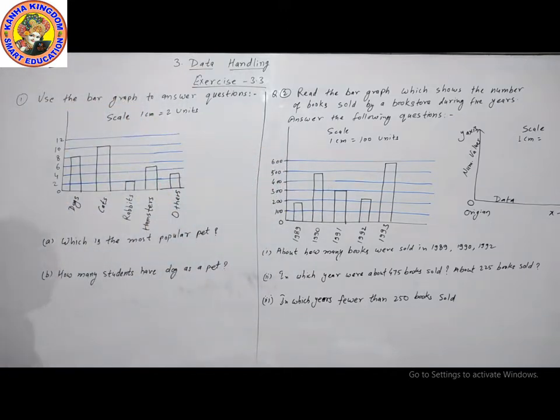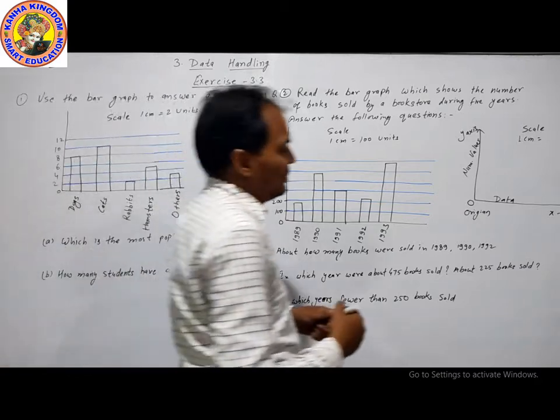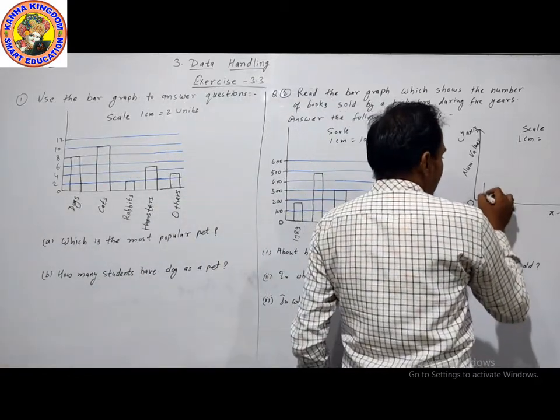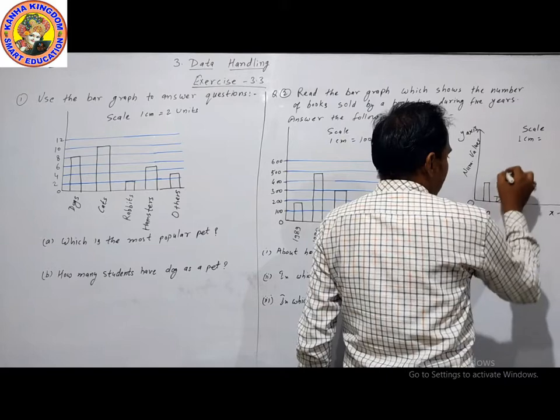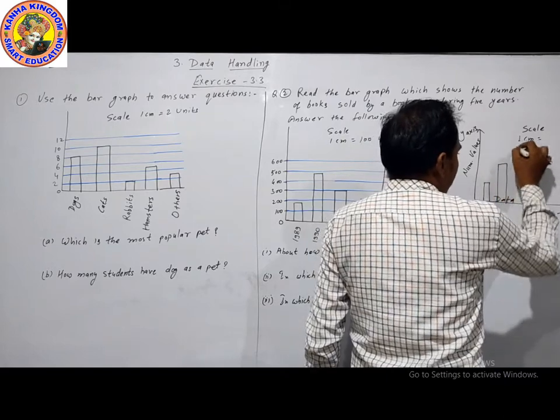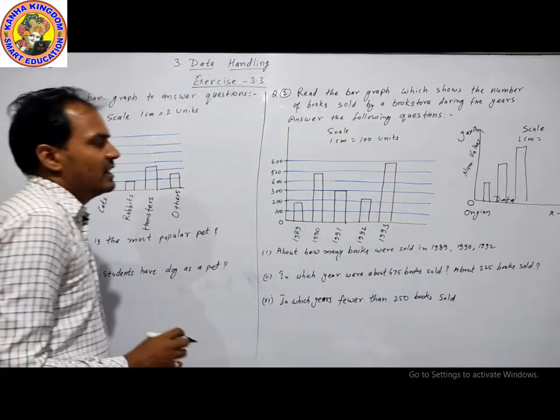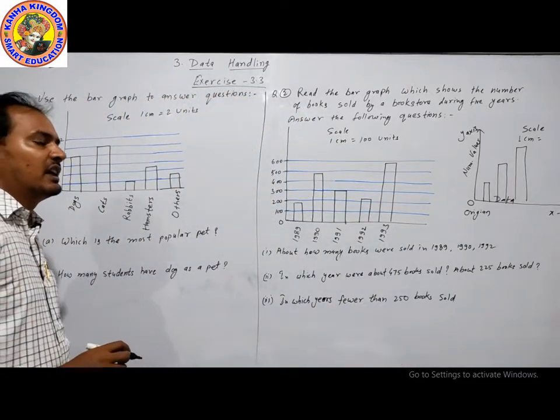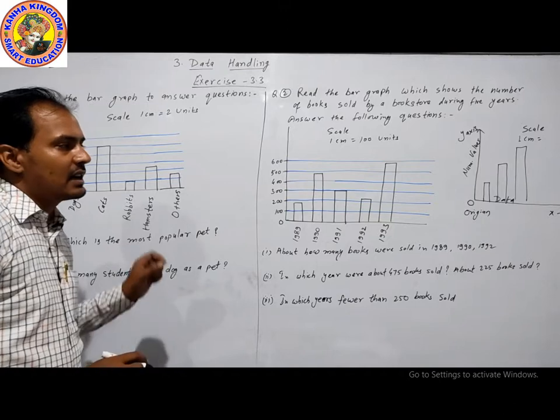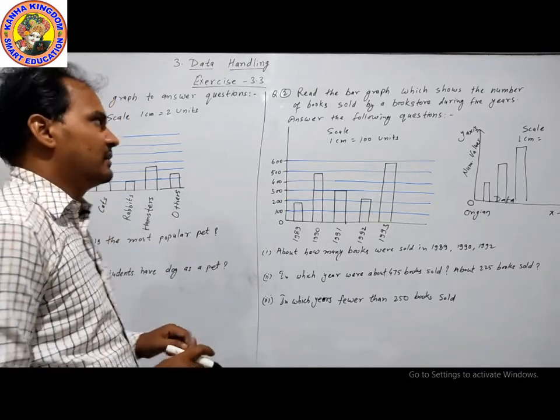This is our graph. In this graph we can draw this type of buildings, called bars. When we show any value in this graph with bars, it is called a bar graph. This is our bar graph.